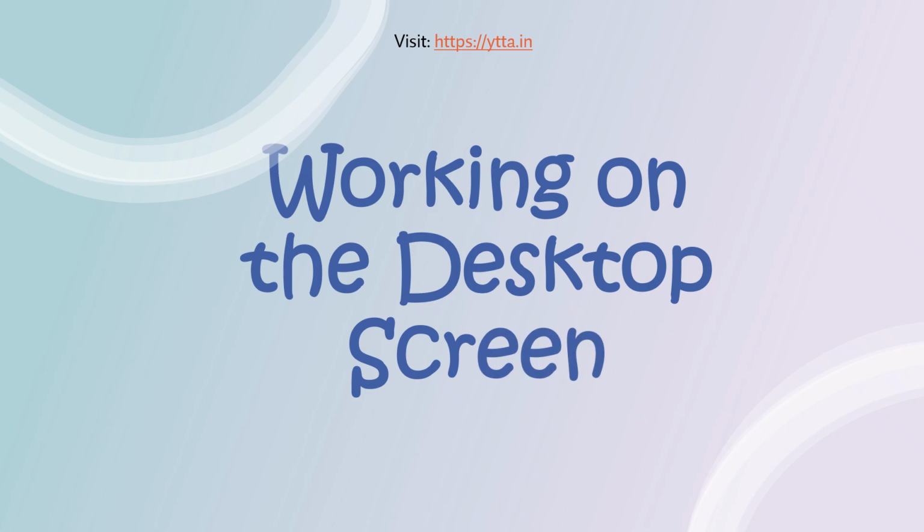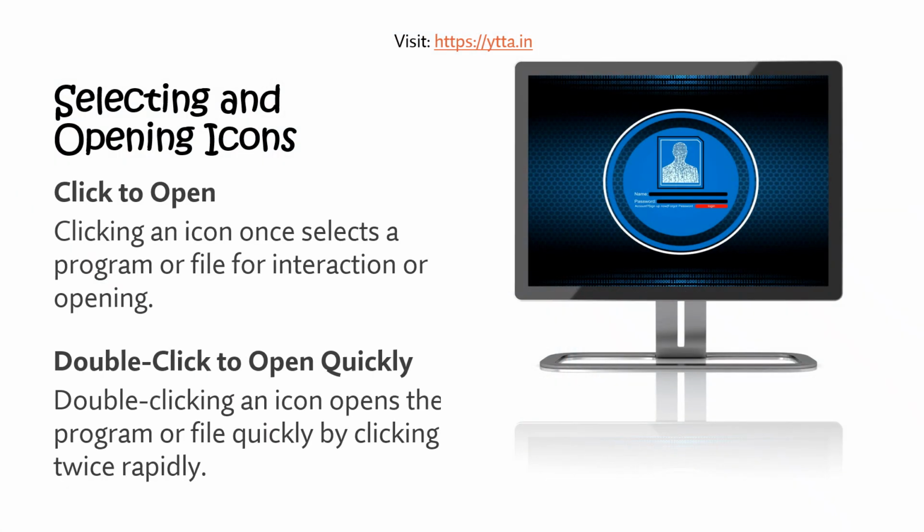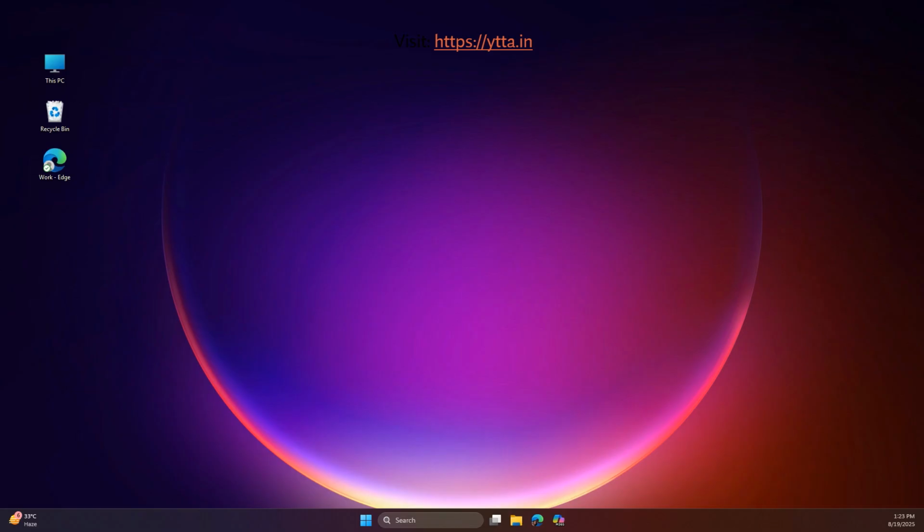Let's learn how to use the mouse and keyboard, select and open icons, and arrange the desktop to make it easy and fun to use. To open a program or a file, you click on its icon, and double clicking means clicking the icon twice quickly to open it fast. With a single click, it gets selected only. Here I select This PC, Recycle Bin and Edge browser.